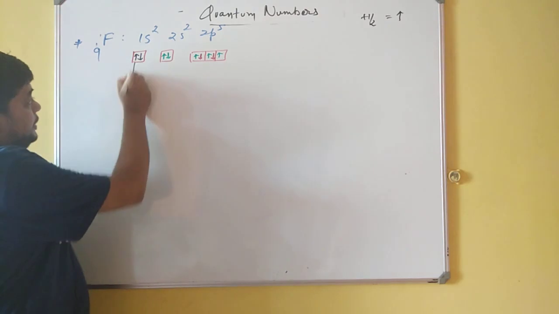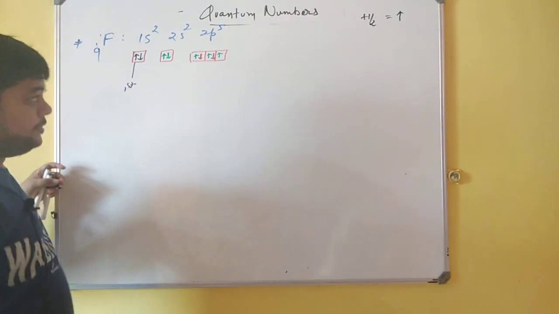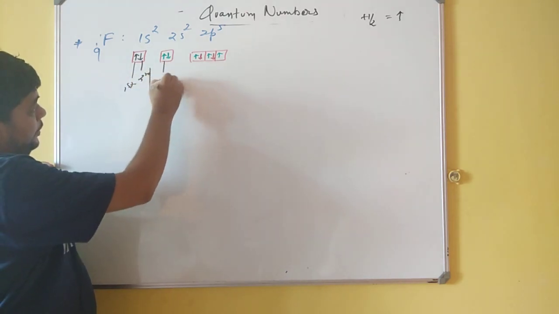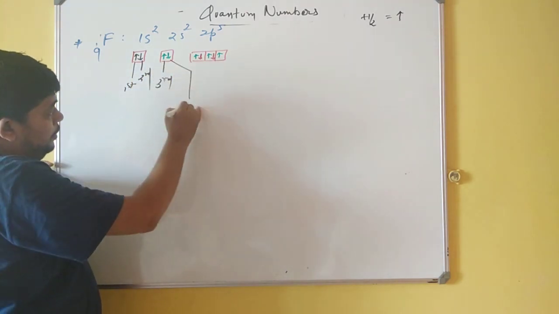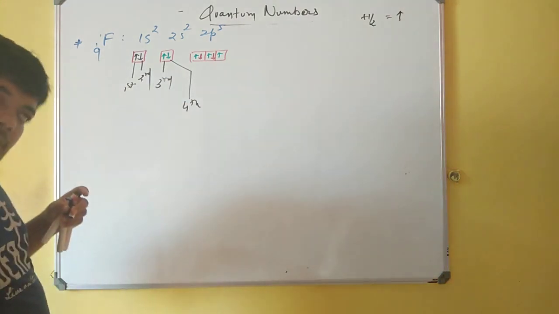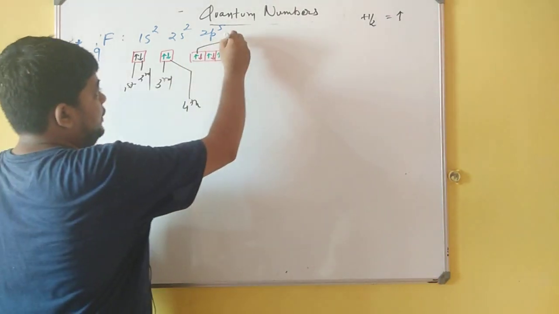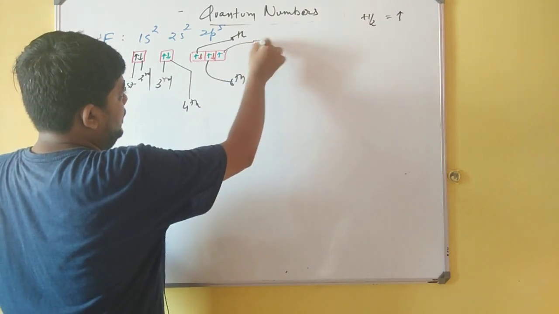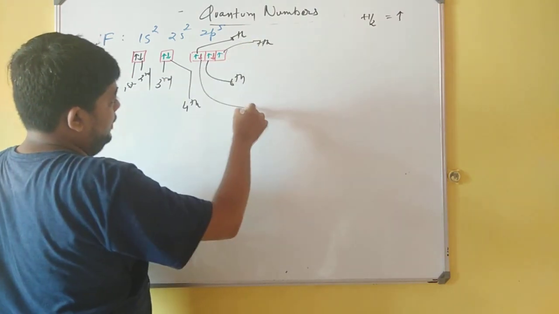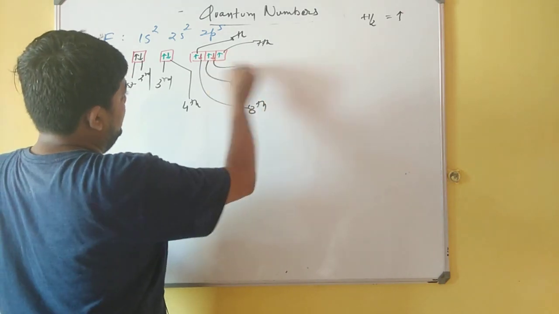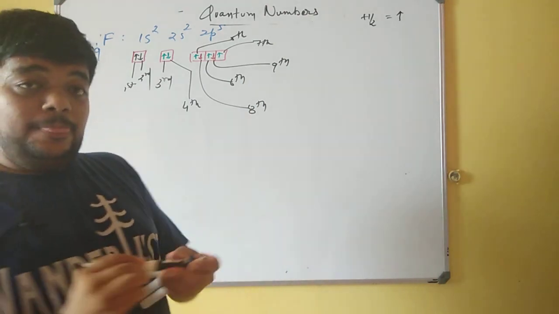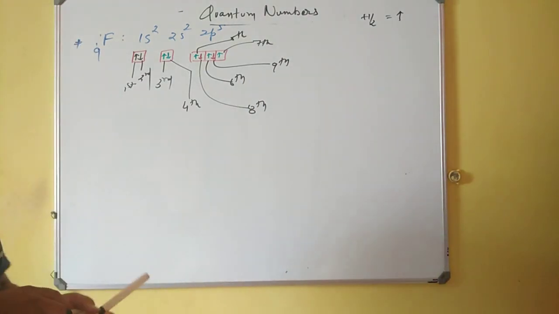I will always consider this as my first electron, this as my second, third, fourth. Similarly, 5th, 6th, 7th, 8th and 9th electron. Why did I do such a thing?